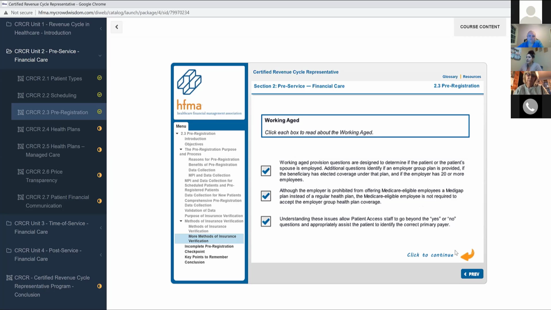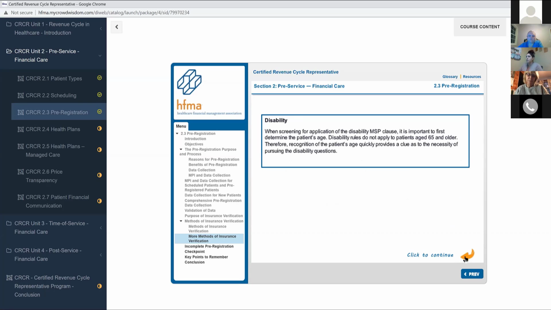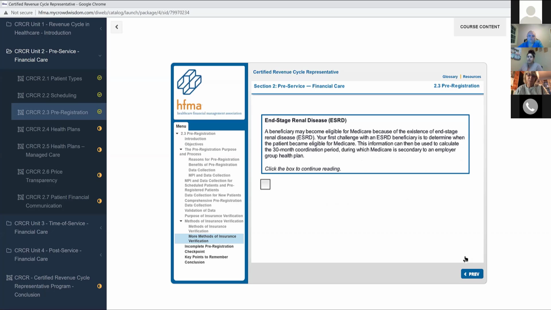And then end-stage renal disease, the beneficiary may become eligible for Medicare because of the existence of end-stage renal disease. And then it'll tell you here that after the 30-month coordination period, Medicare becomes the primary payer. And then accident liability. Screening for liability situations involves asking if the current services are in any way related to an accident, including work-related or possibly auto-related.